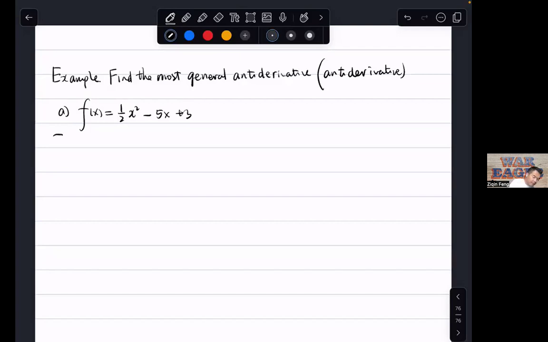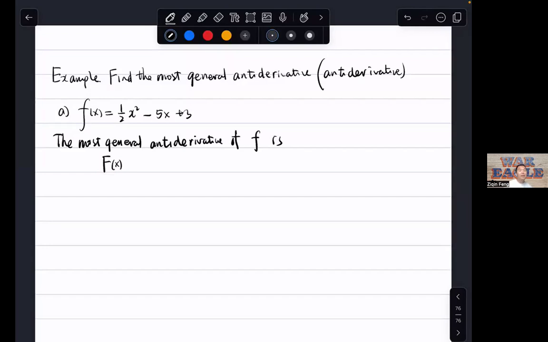So the most general antiderivative of f is, let's call that capital F of x.